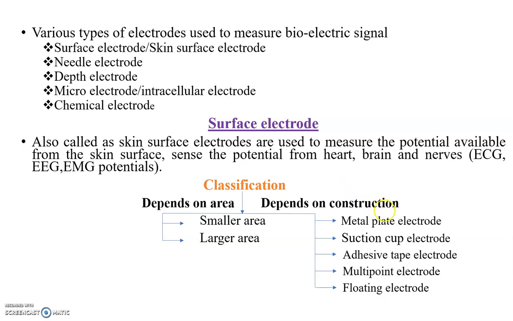Depending on area, it is divided into two types: a smaller area electrode and a larger area electrode. Depending on construction, there are five types: metal plate electrode, suction cup electrode, adhesive tape electrode, multi-point electrode, and floating electrodes.